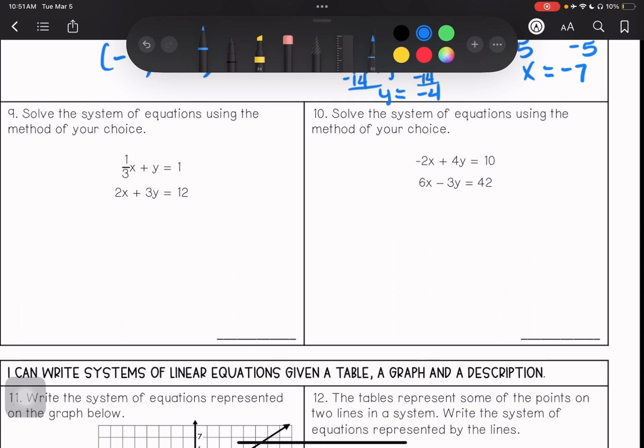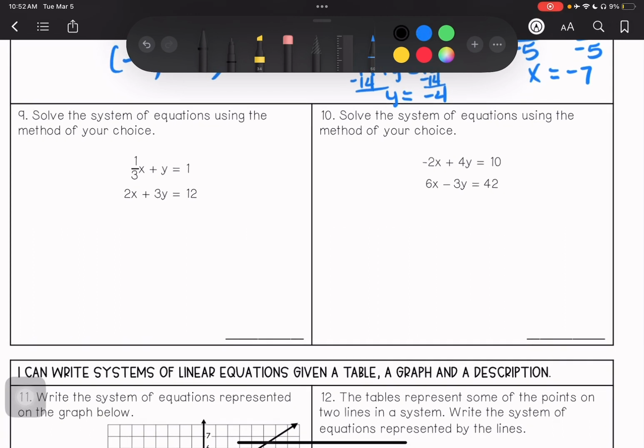Let's look at number 9. Number 9 says solve the system of equations using the method of your choice. I'm going to use the method of elimination for the first one. So I'm going to eliminate my 3's by multiplying everything by negative 3.